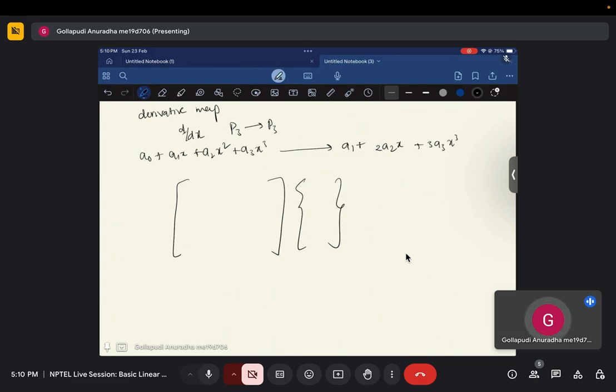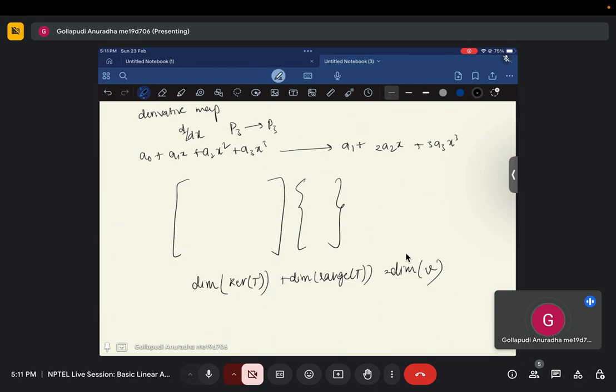This is the same thing which you have seen, like dimension of kernel of T plus dimension of range of T is equal to dimension of the domain, right?